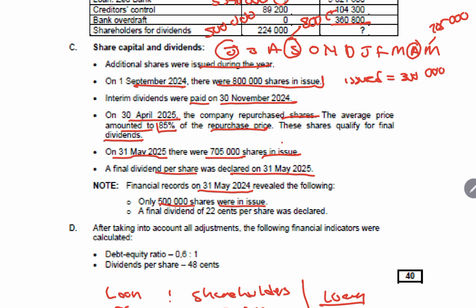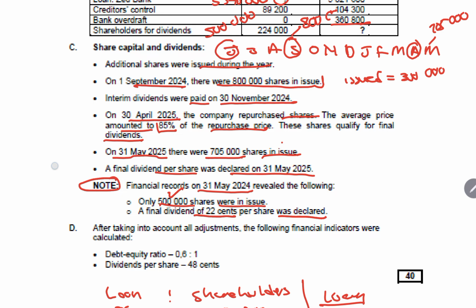Okay. Now, so what we are going to do, we will do the following. We are going to go to the information that will tell us what was the dividends that we paid in the prior year. So here, the following information helps us to get shareholders for dividends from last year. So they are saying that remember they had 500,000 shares in the prior year at the end. And then they said 22 cents per share was declared at the end.